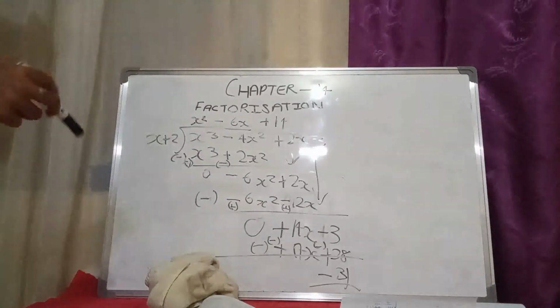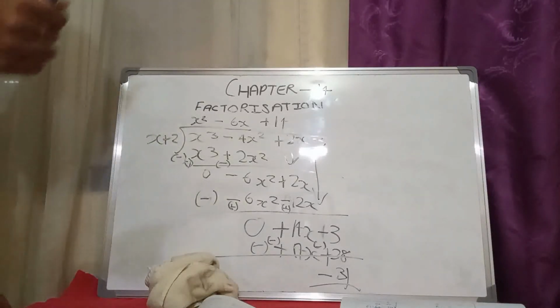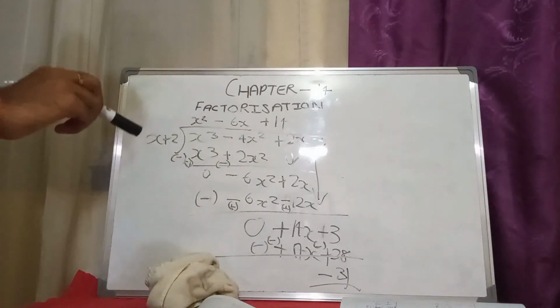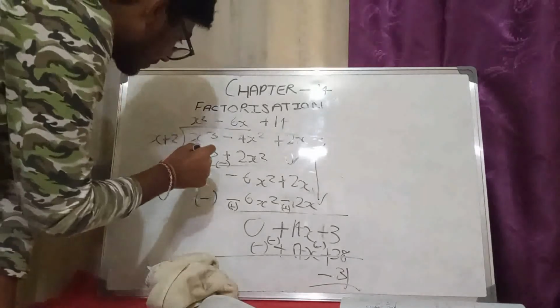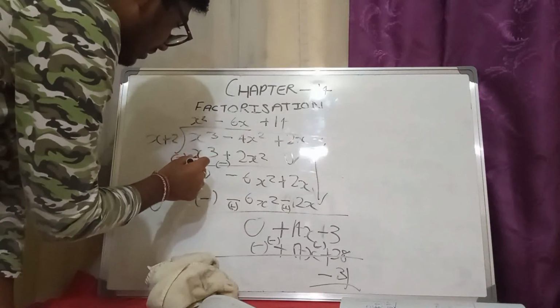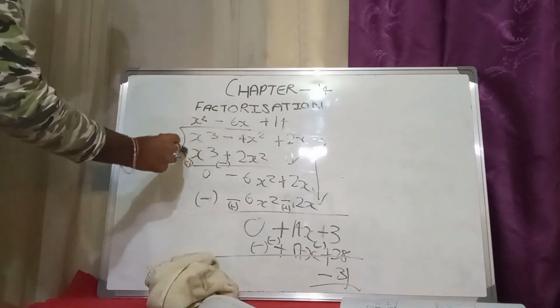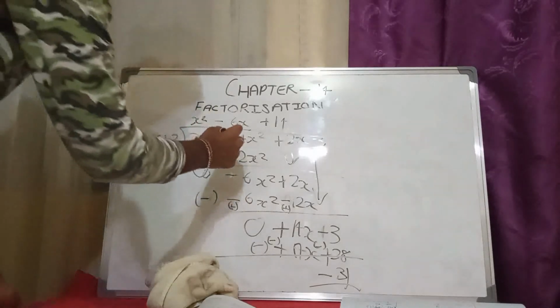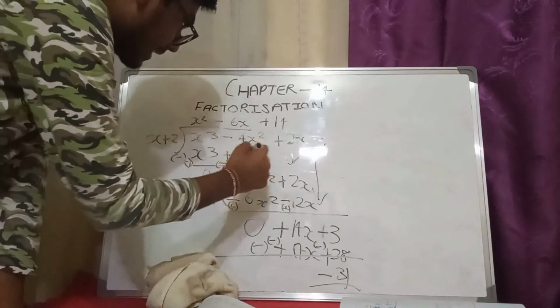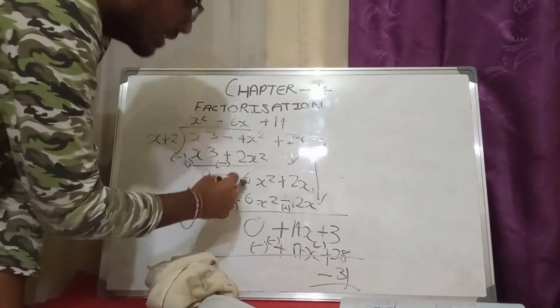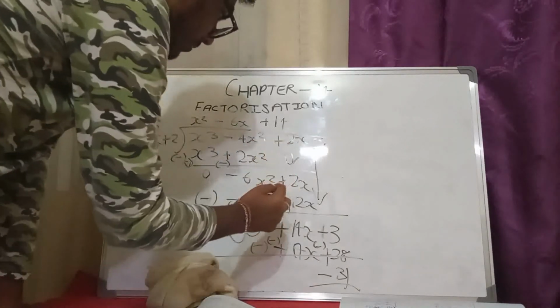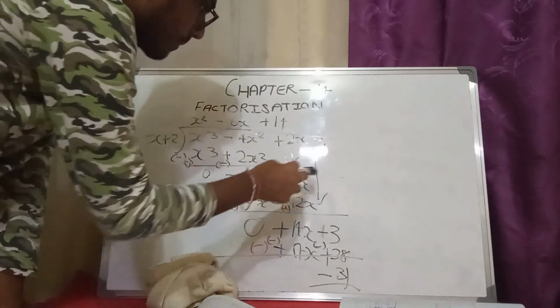Then we have to subtract, and for subtracting we use the additive inverse as we have learned. So this will become negative x cube and this will become negative 2x square. When we add positive and negative, we get 0, and when we add negative and negative, we get negative 6x square. Then we take 2x down, so we get negative 6x square plus 2x.